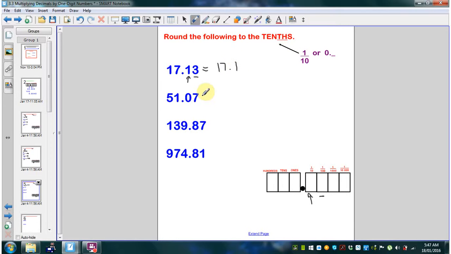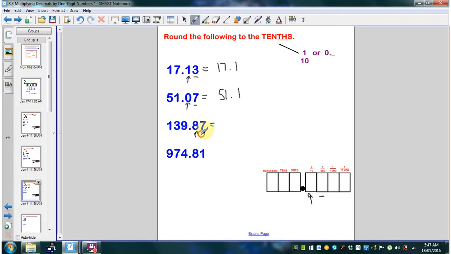Okay, so let's look at 51.07 here, and we've got to look at the number behind it. So 51.1, because this rounds up. This one is going to be, and I know that the 139 is going to stay, oh, one second. Okay, so here we have our 8 in our tenths value.